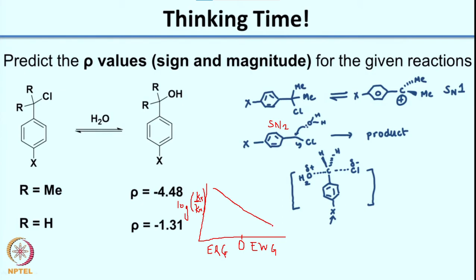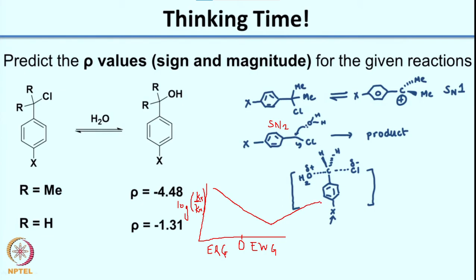We have discussed this already. Now the second case is where the reaction goes through the SN2 mechanism. Here no carbocation formation takes place, only a distributed charge. So in this case the electron releasing group will stabilize, but not as much as in the carbocation. But the electron withdrawing group can stabilize this intermediate slightly.